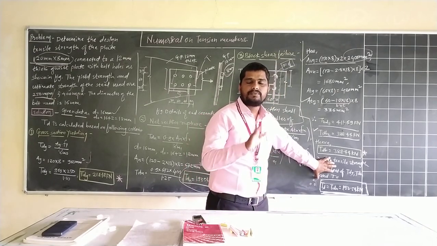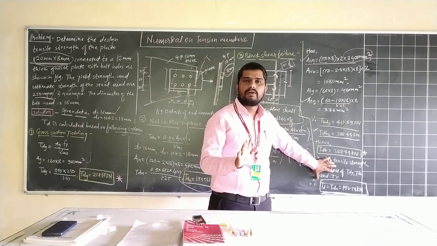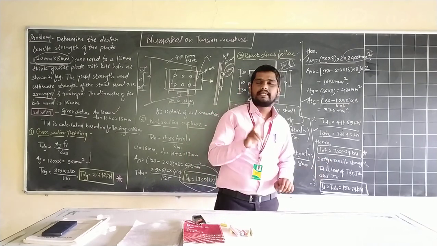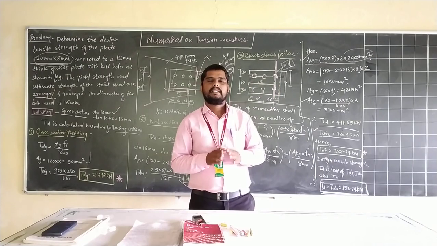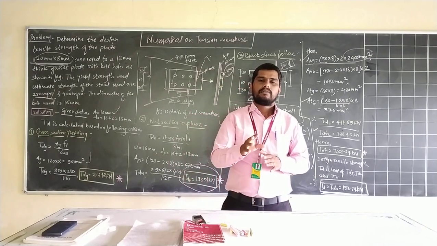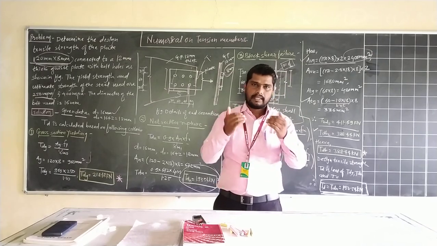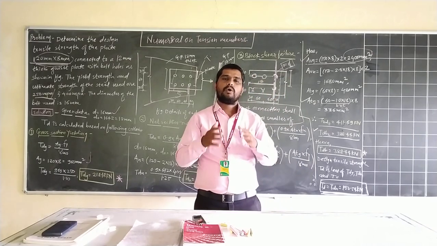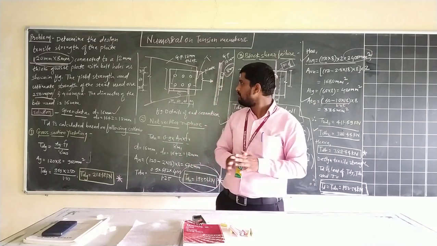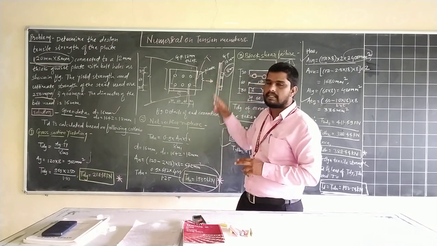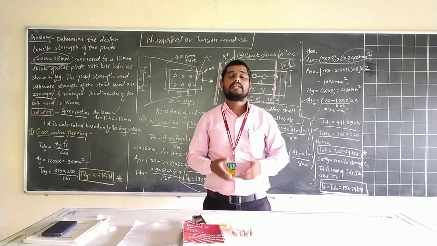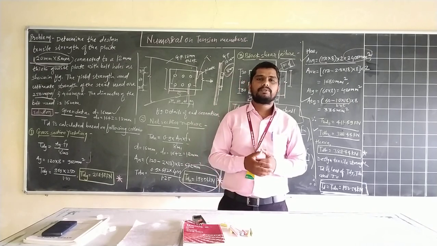This is the first type, known as analysis of section. The second type is design of the section. In this case the load or force is given, and from that we find the cross-sectional area.